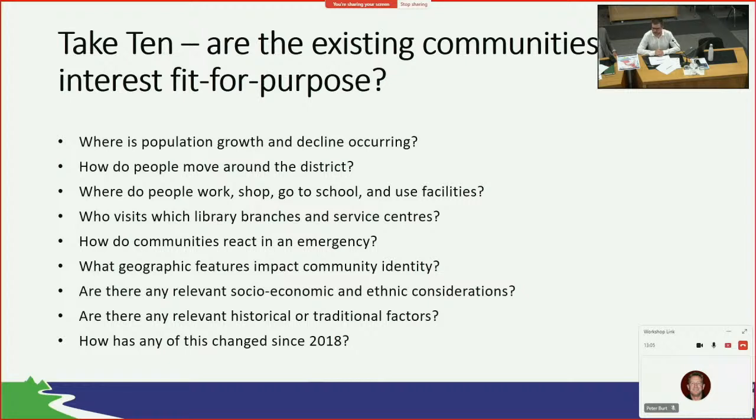Is there something that's missing? Has something changed? Or do you believe that the current fit is correct? There may be animated discussion, there may be crickets, I'm not sure, but we think it's important that you have the opportunity at least to reflect on some of these questions.